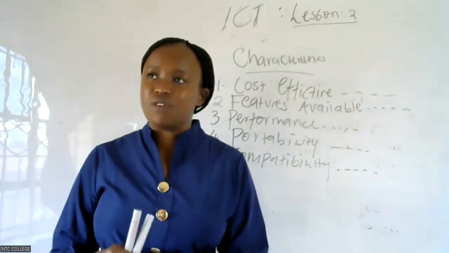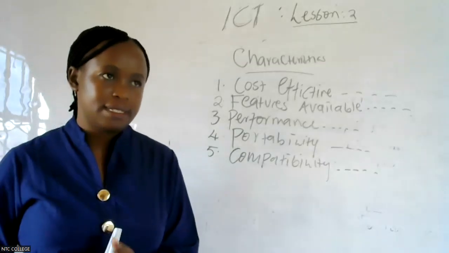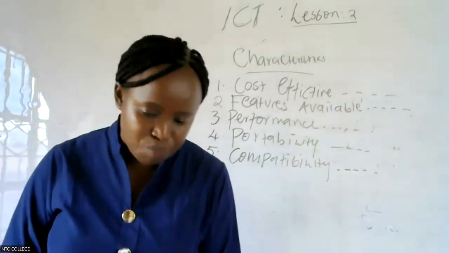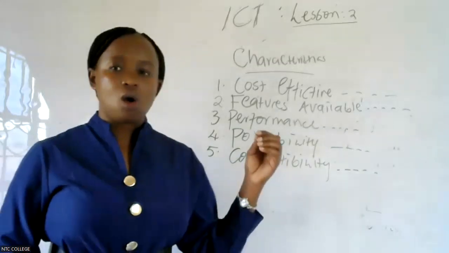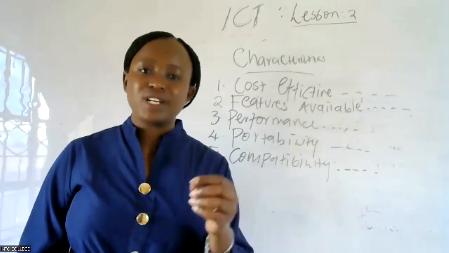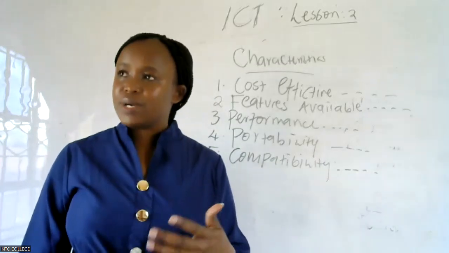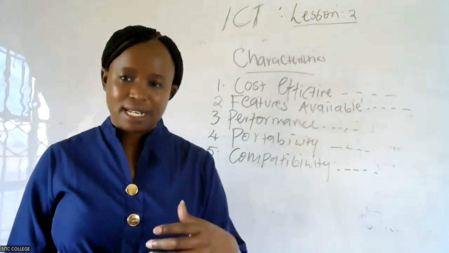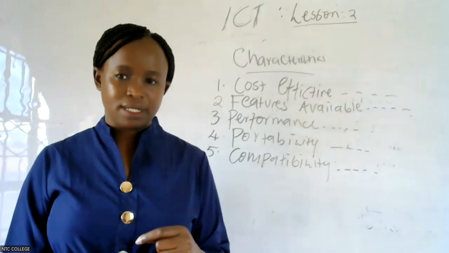Not only comfort, but conformity. That is the key word to understand. So a software should be compatible in nature. It should conform with the kind of work that you are doing. It's like we are talking about it must agree. That is the word. It must agree to the nature of work you are doing.